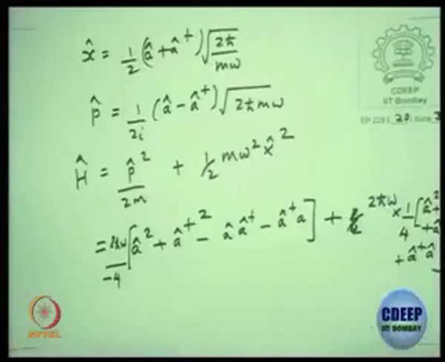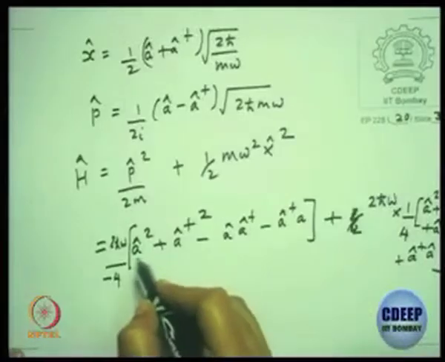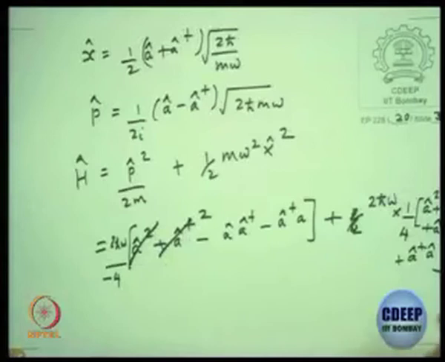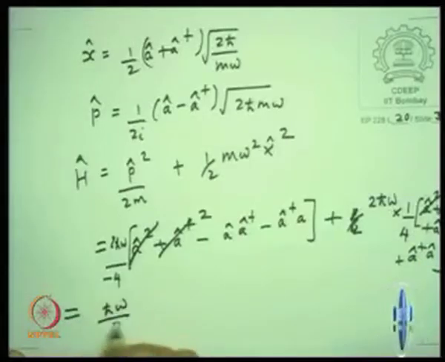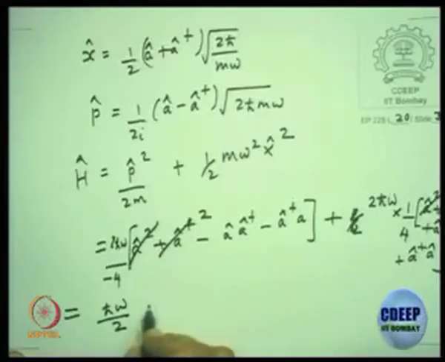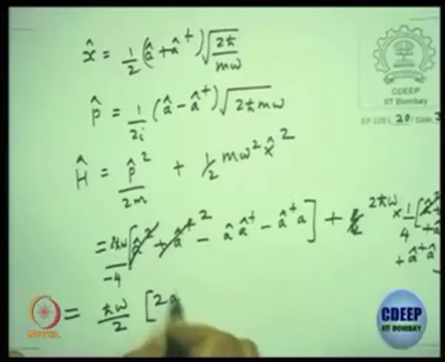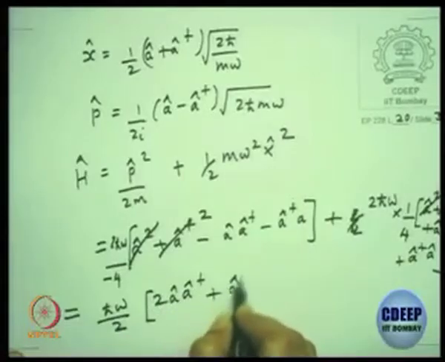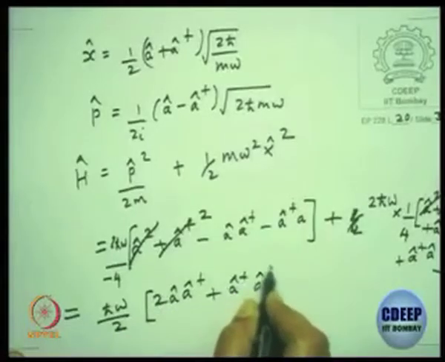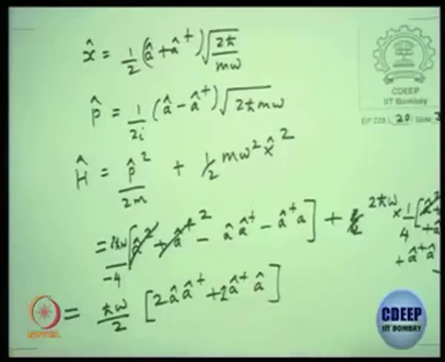Can you further simplify? The first two terms will cancel, right? And you can show that it is H cross omega by 2 into twice A dagger A plus A dagger A. There's another 1/4.